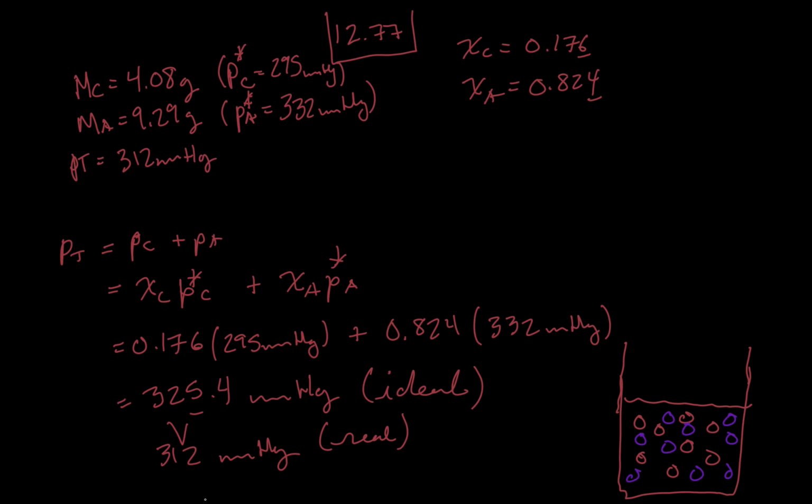Because the real value is lower, that means that these are interacting very strongly together. Acetone and chloroform have very strong intermolecular forces between them, stronger than those between molecules of the same kind. That is why we see a lower real value for the vapor pressure than the one we calculate with Raoult's law inserted into Dalton's. All right, and there you go.